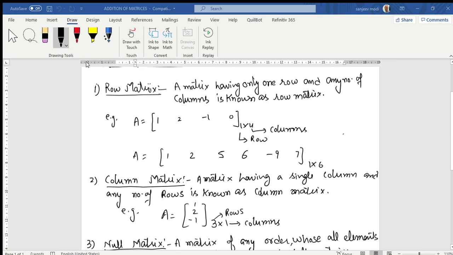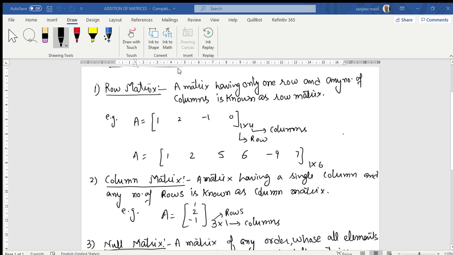A square matrix is said to be a unit matrix if all its non-diagonal elements 0 होंगे but diagonal elements क्या होंगे 1 होगा. It is always represented by I, so 1 0 0 1, this is a 2 by 2 identity matrix.